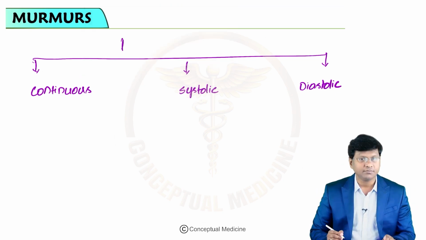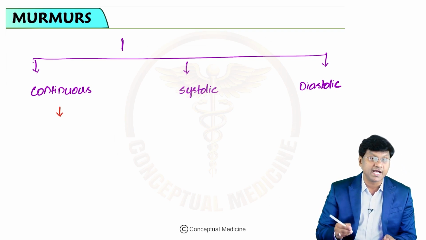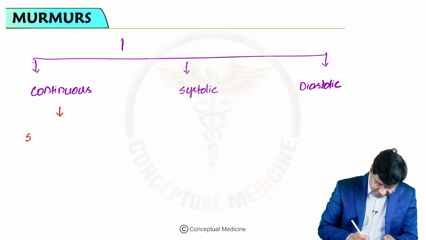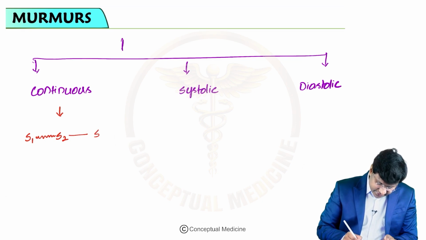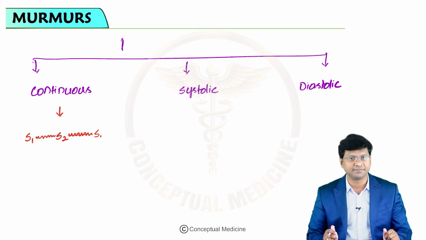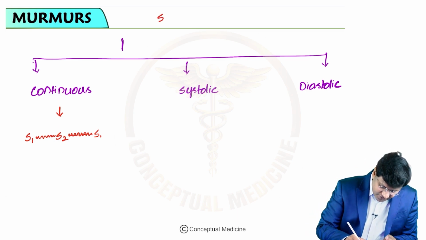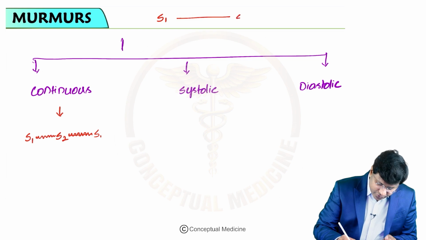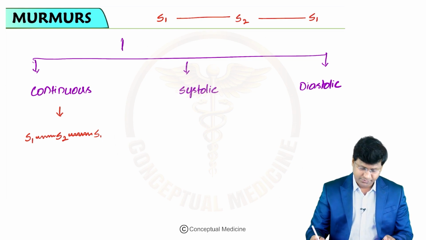The continuous murmur is that which appears at S1, and then it continues through S2 and then it also continues between S2 and S1. What is this S1 and S2 story? Let me explain. We have the first heart sound, followed by the second heart sound, then again the first heart sound.